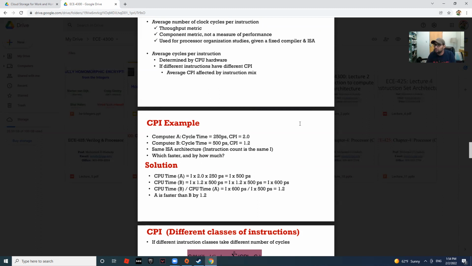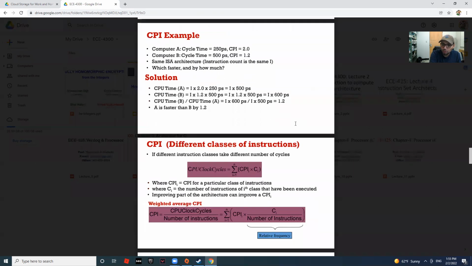Then if you remember the ratio, I'm going to say CPU time of B divided by CPU time of A. So it comes to 1.2, because I cancels in both. So I can come to the conclusion that the performance of A is, of course, better. A is faster than B by this ratio, which is 1.2. Does it make sense? Is it clear to everybody? Makes sense. Okay.